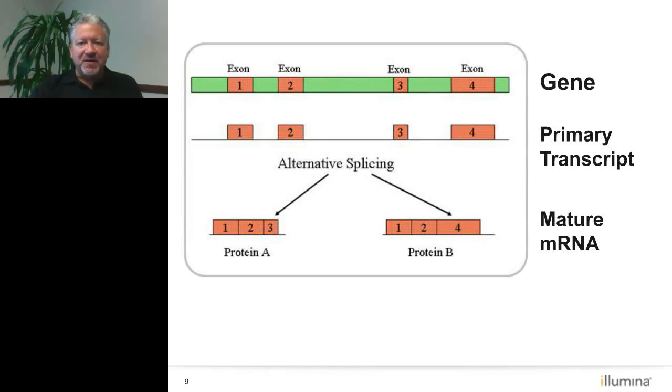Of course, in eukaryotes the relationship between the primary transcript and the mature messenger RNA involves splicing and removal of introns.